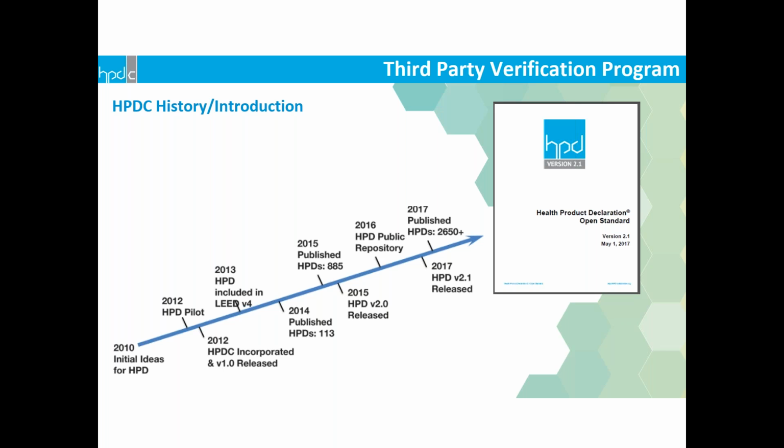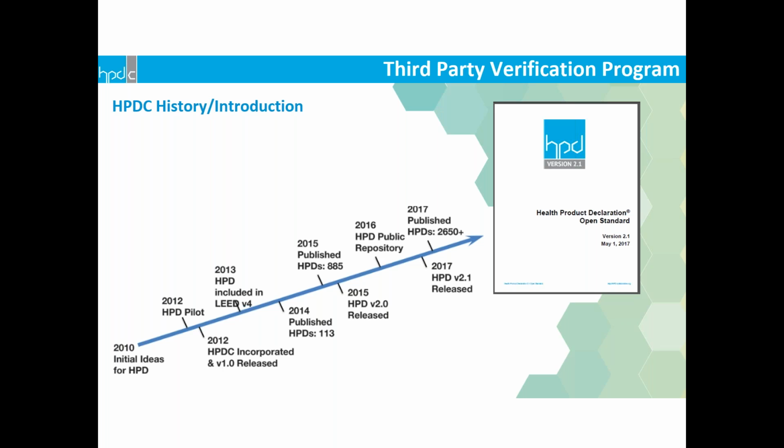That standard has continued to evolve. We had a major update in 2015, a smaller update this year, and we're already planning 2.2 for next year. So it's an evolving document as we learn how to use the information that's included in an HPD.